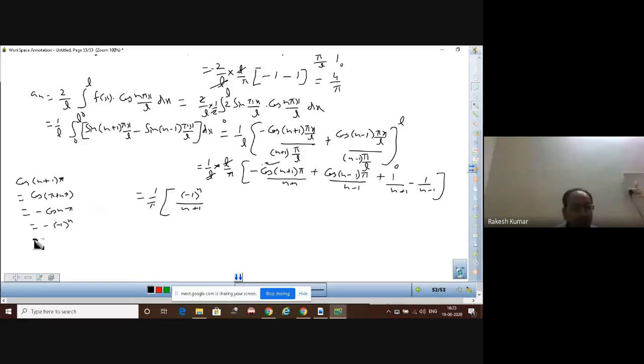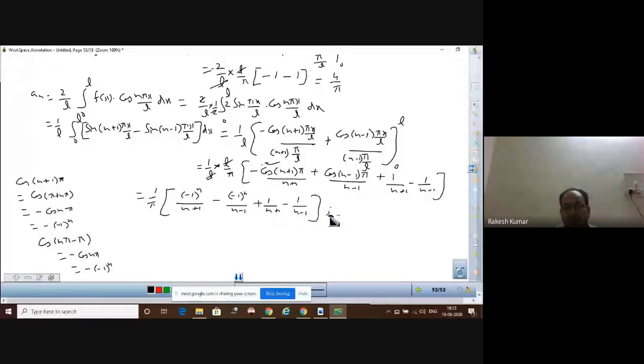And similarly we can solve this term also, cos of n pi minus pi, and in the second quadrant cos is again negative, and that will be minus cos n pi, and minus 1 raised to power n. So minus 1 raised to power n over n minus 1, plus 1 over n plus 1, minus 1 over n minus 1.